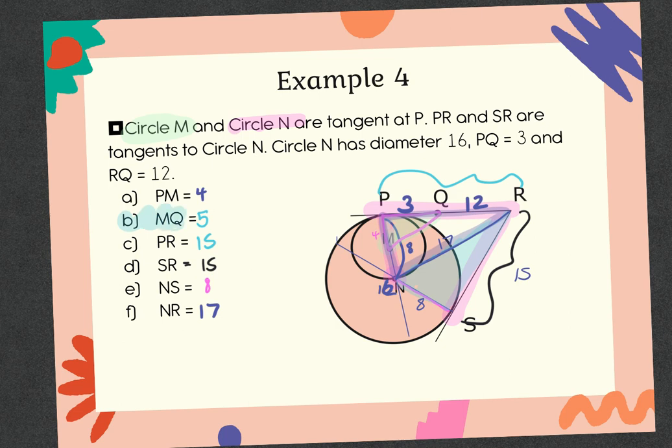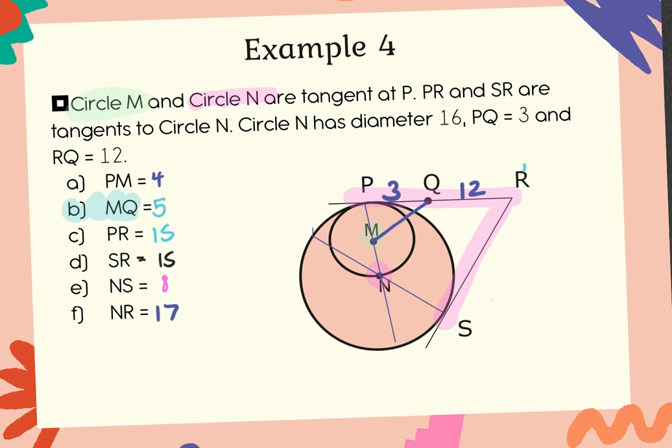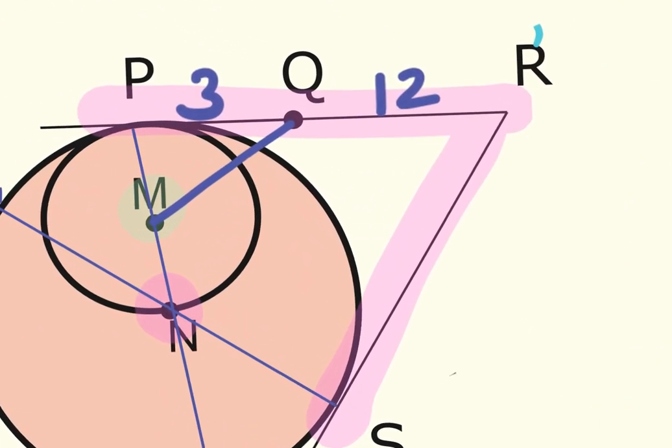B is MQ. So MQ, let me clean this up. As you can see, MQ is here. MQ makes a little right triangle here. It's tangent, so I know it's a right angle. The 3 was what they gave me.